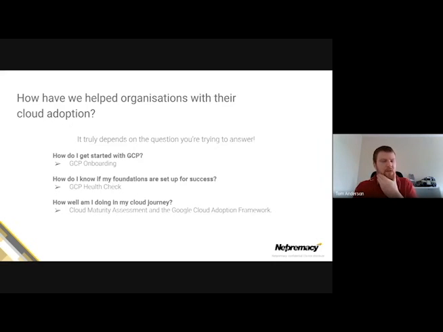So the adoption framework is one of those exercises that I love to go through with organizations. It's always really insightful. We went through it with a customer just last week, and every other sentence was, oh my gosh, do we actually do that? Are we actually that? Is that actually where we are? We need to get better in this space. We need to get better in that space. So it's really interesting to hear the feedback that we get from those things.